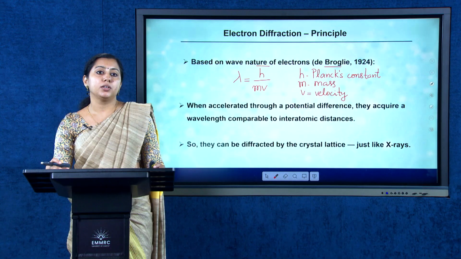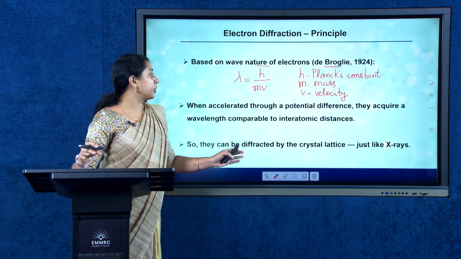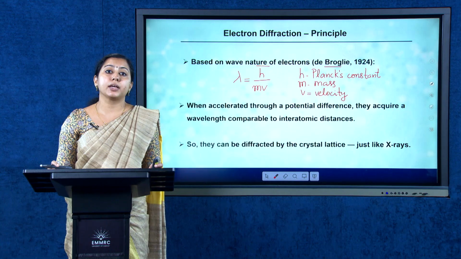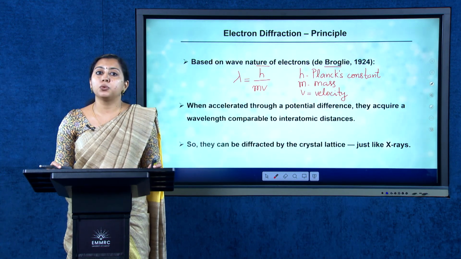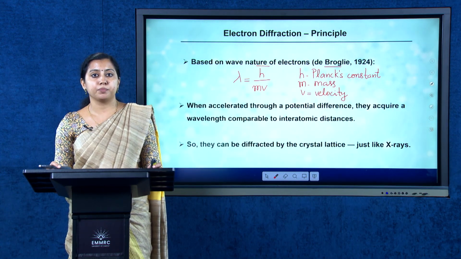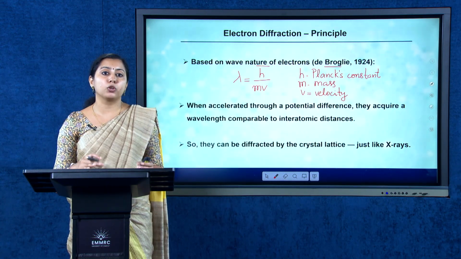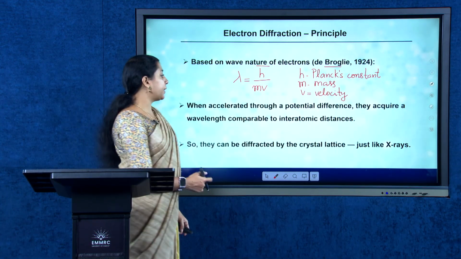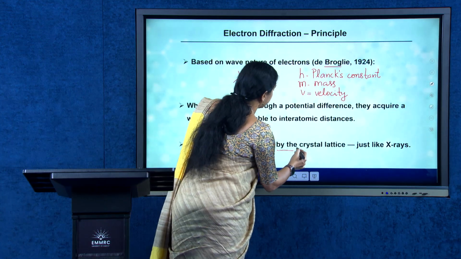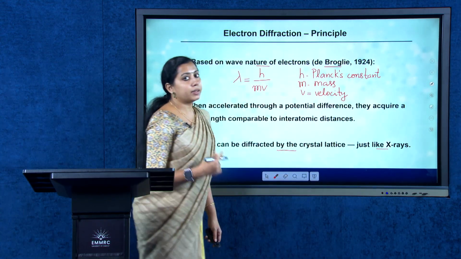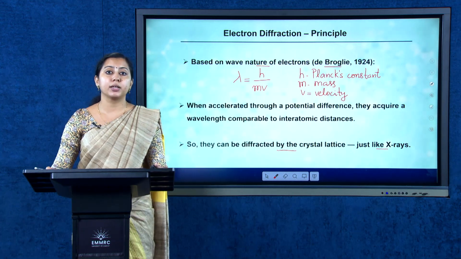So, the de Broglie hypothesis, lambda equals h by mv, says that matter exhibits both particle as well as wave-like nature. When accelerated through a potential difference, the electrons acquire a wavelength comparable to the interatomic distances. So, they can be diffracted by the crystal lattice, just like X-rays. Why do crystals act as diffraction gratings for X-rays?